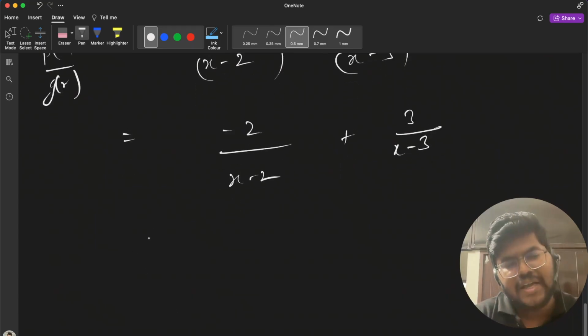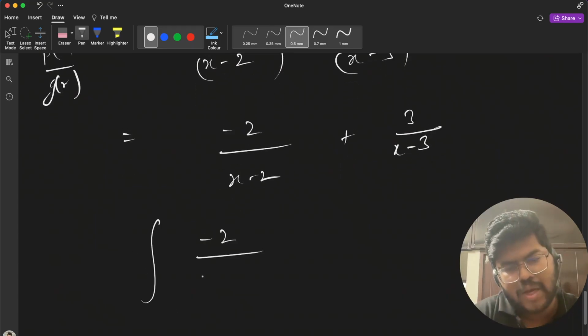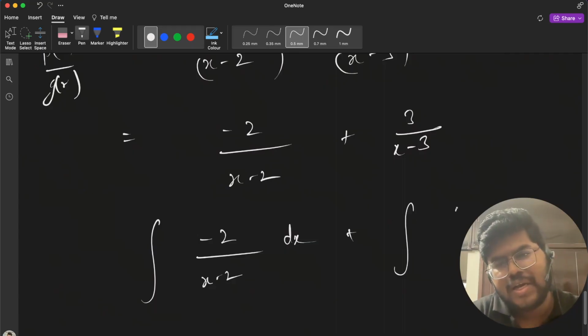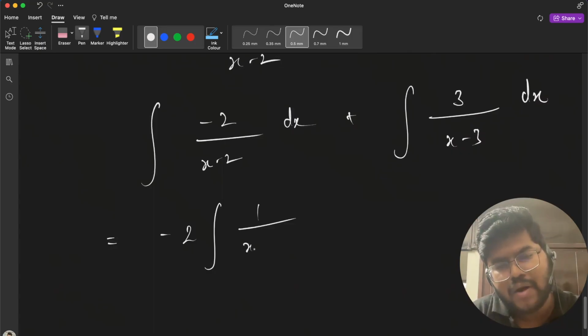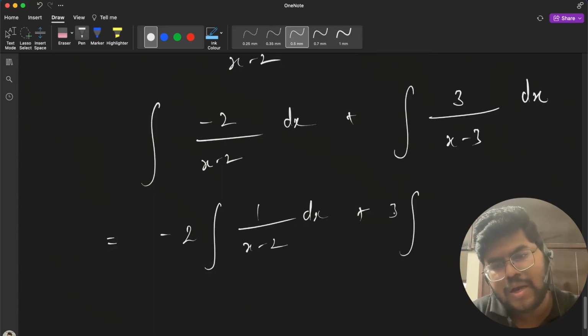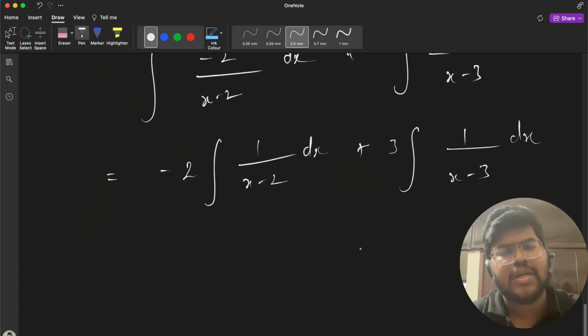Now make the integration: integration of minus 2 upon x minus 2 dx plus integration of 3 upon x minus 3 dx. Taking the constants out of the integration sign, we have minus 2 times integration of 1 upon x minus 2 dx plus 3 times integration of 1 upon x minus 3 dx.